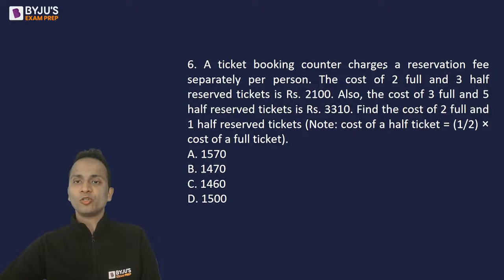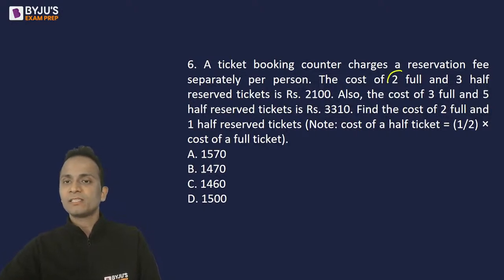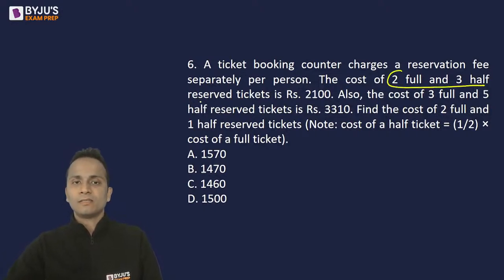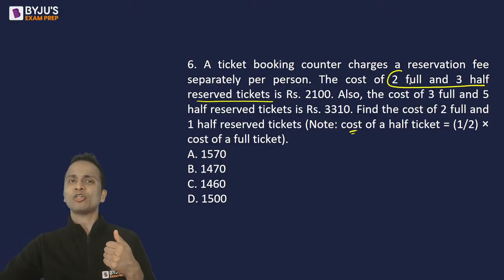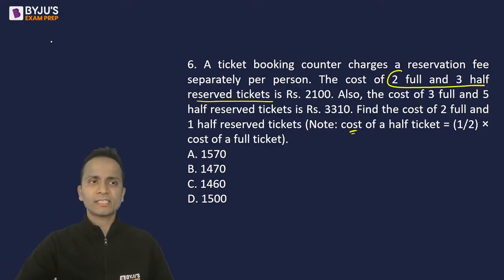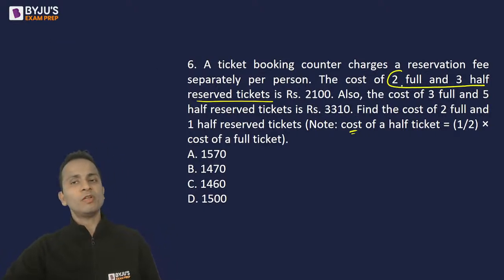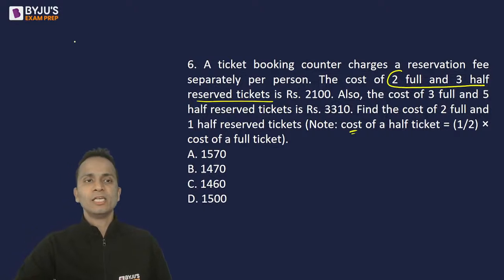Okay, so if I look at the first case, 2 full and 3 half tickets. Let's say the cost of 1 full ticket is x. So the cost of 2 full tickets will be 2x and 3 half tickets will be 3 by 2x. So the total is 3.5x, right?